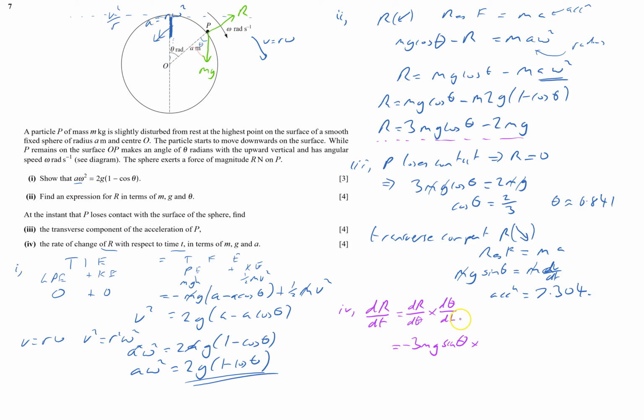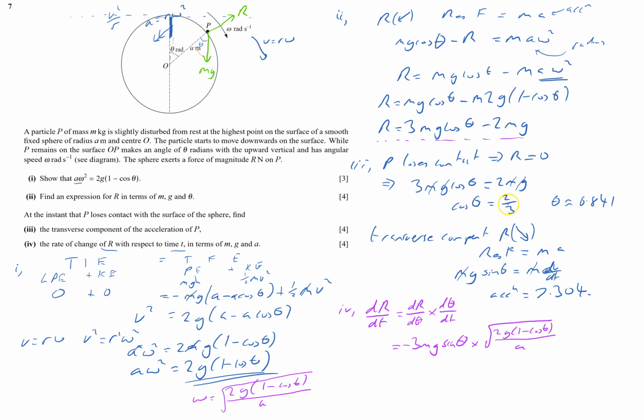So in order to work out omega, I come here, I'll do it in purple here, so omega squared will equal 2g(1 minus cos theta) all over a, and then omega will be the square root of that. So that's what I need here, square root of 2g(1 minus cos theta) all over a.